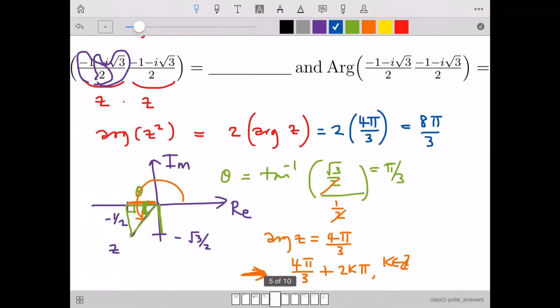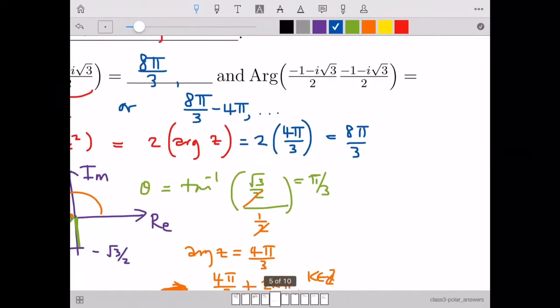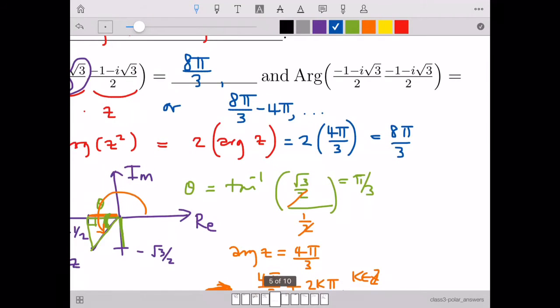So what is an argument, what's little arg of Z squared? It is 8 pi over 3, or you can say 8 pi over 3 minus 4 pi. For example, there could be many possible answers, right? And what is big arg of Z squared?